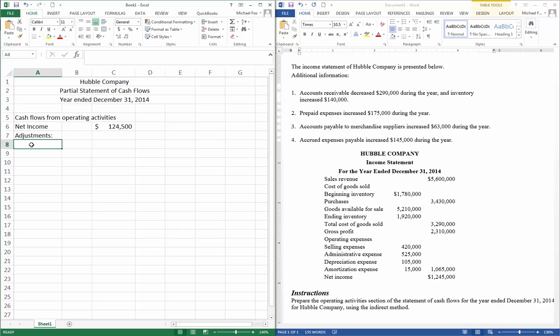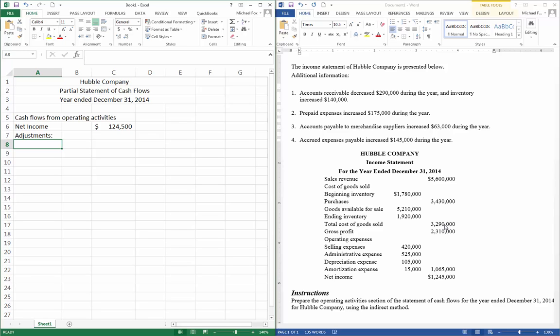All right, so the first thing, remember, is we look for non-cash expenses, like depreciation expense, things like that. And so we have our sales revenue, our cost of goods sold. By the way, most income statements don't do this whole beginning inventory, purchases, goods available for sale, ending inventory, total cost of goods sold.